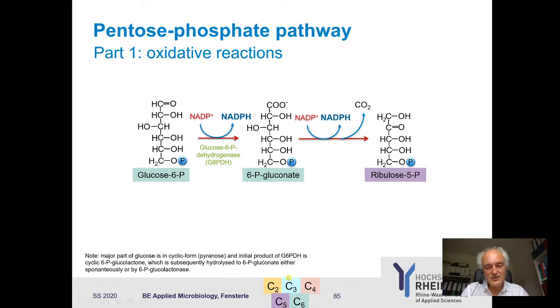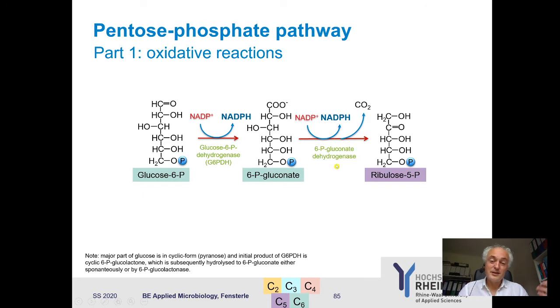And you see I have here a legend of the number of carbon backbones, and you see you go from a C6 to a C5 carbon here. Okay, carbon dioxide leaves, of course. And then I have ribulose 5-phosphate. So this is the start of the pentose phosphate pathway. So I generate from a hexose now a pentose.